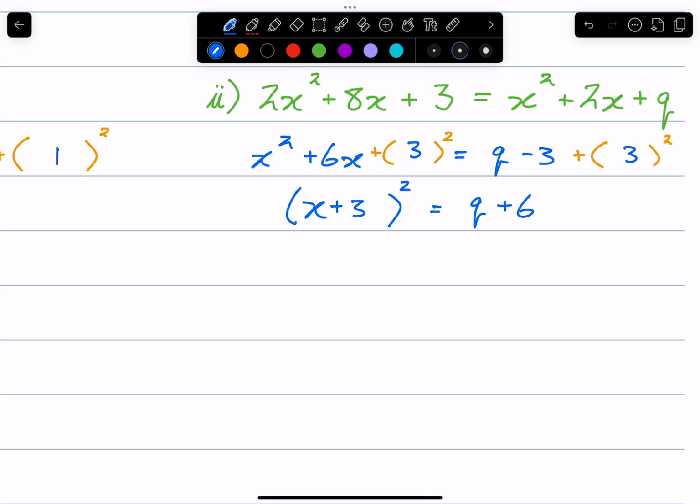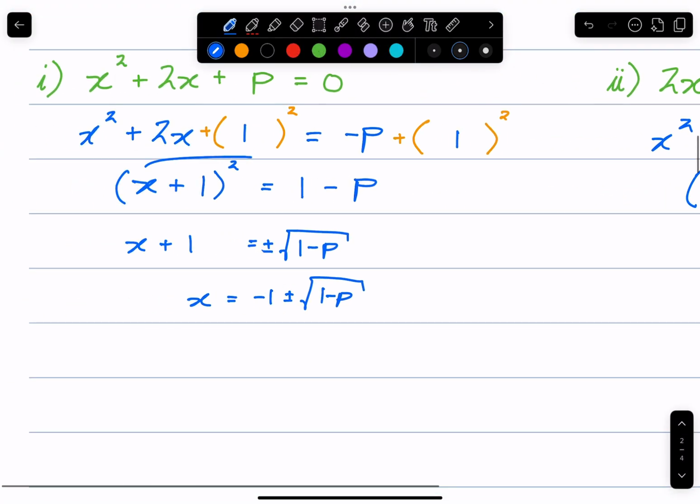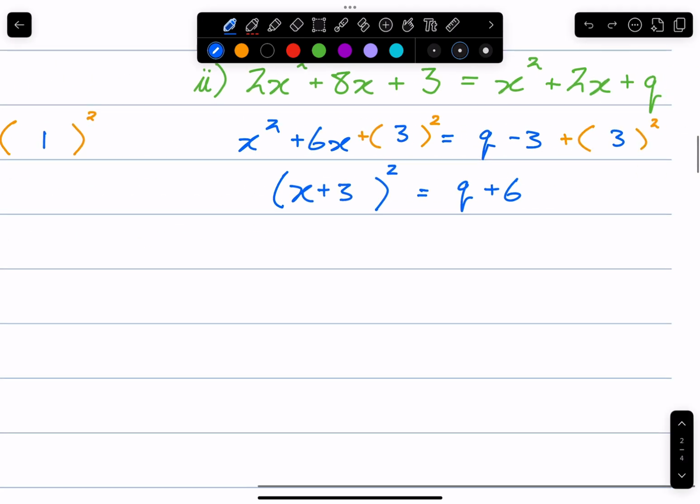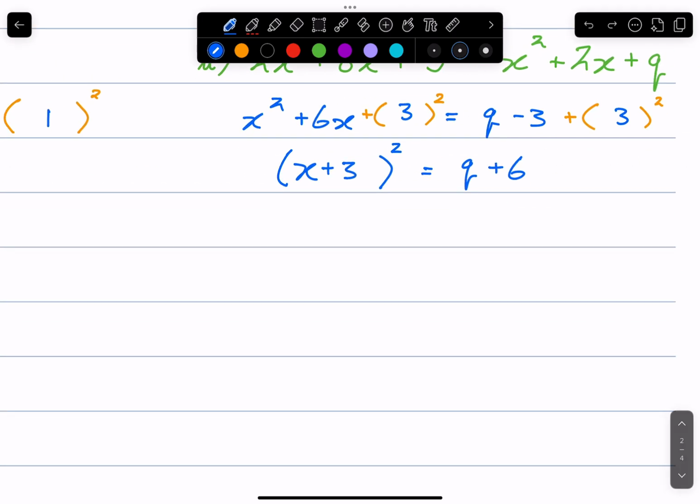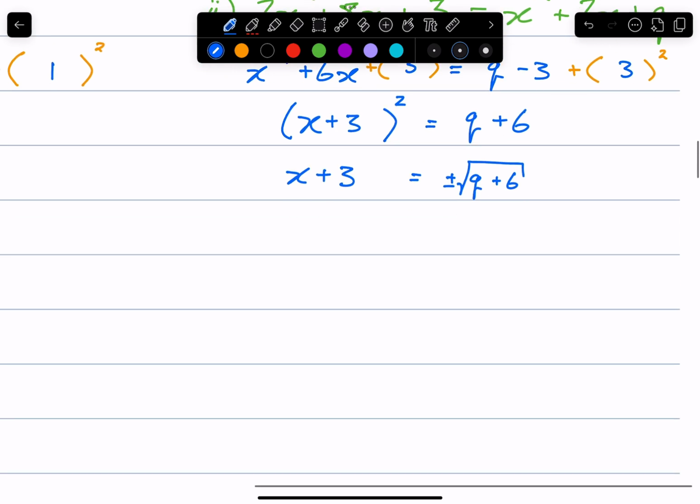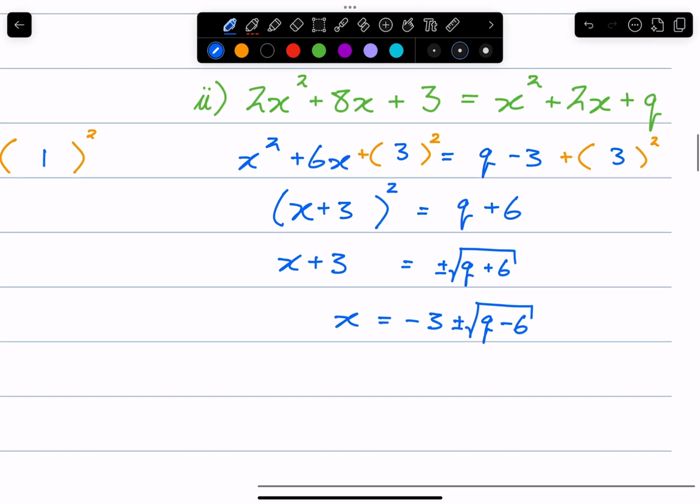And effectively, we are now at the exact same step as this one. So from here, square root both sides. And subtract 3. And that is X is the subject now.